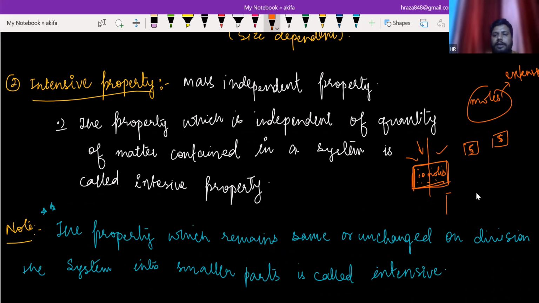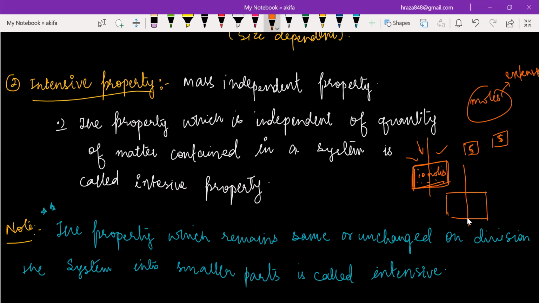Just think that this container is a system in which 100 ml of water, or anything, is present. If you divide it in equal size, will the volume be divided or remain the same? The volume will be changed.